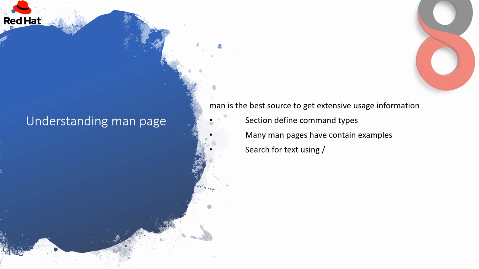That makes man the best source to get extensive usage information. When working with man, you need to know about sections. The sections define the type of items that are documented in man. Let me open a man page so that I can tell you about it. Let's continue with the practical overview.